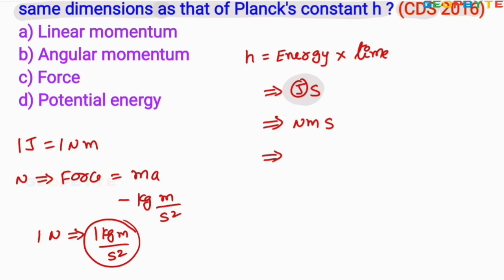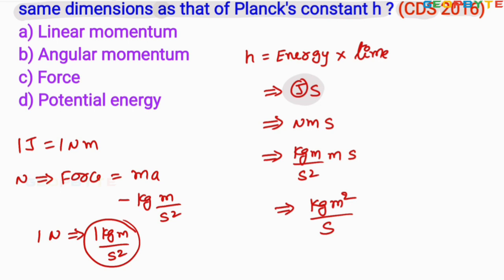In place of Newton, let me write kg meter per second square into meter into second, which can be written as kg meter square per second. So 1 joule second is equal to kg meter square per second.